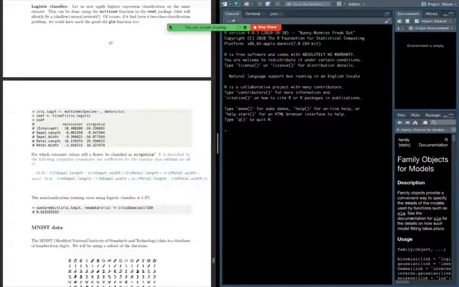We classify it as Virginica if this product is larger than 0, because that corresponds to a probability greater than 1/2, and otherwise, if it is negative, we classify it as Setosa because Setosa is the baseline class. I hope that makes sense. It will make more sense, especially for more than 2 classes, when we introduce the algorithm on Monday.